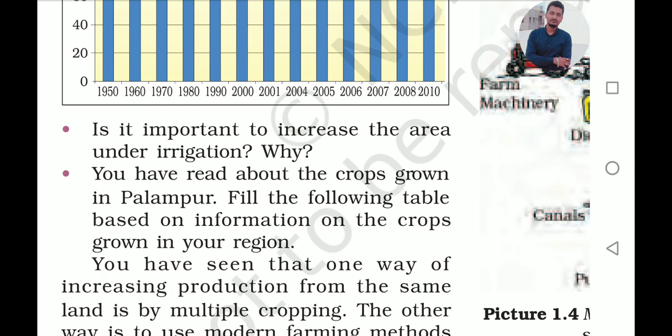Because if area under irrigation is increased, then farmers will be able to take more crops, so they will be able to use multiple cropping and take more than one season, 3 seasons they can take, and it's a need, because to meet the demand of the growing population, more farming produce is required.